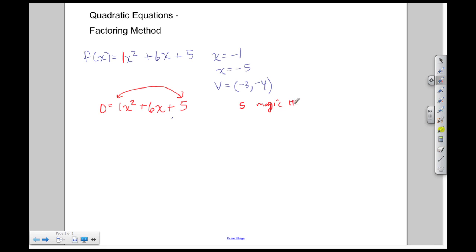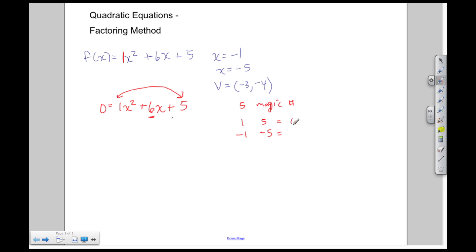With this magic number, I need to find its factors that will add up to a positive 6. So to get 5, I know I can have the factors of 1 times 5 and also -1 times -5. Now when I add these two together, I want them to come out to be this coefficient of 6.